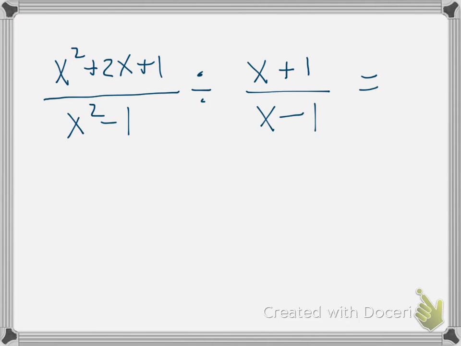Well, what I'm going to do is factor out this first one. I'm going to take x squared plus 2x plus 1, and that becomes x plus 1 times x plus 1.